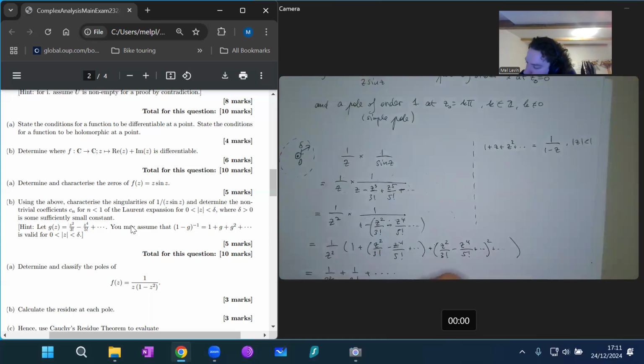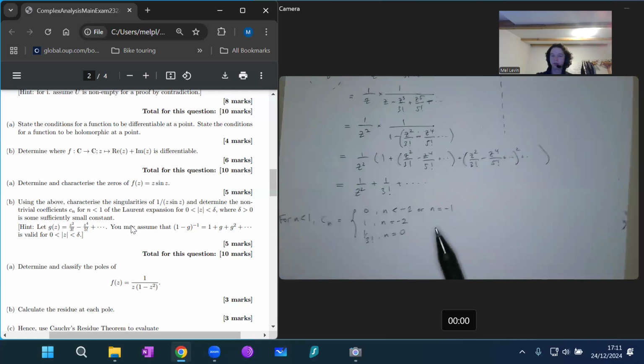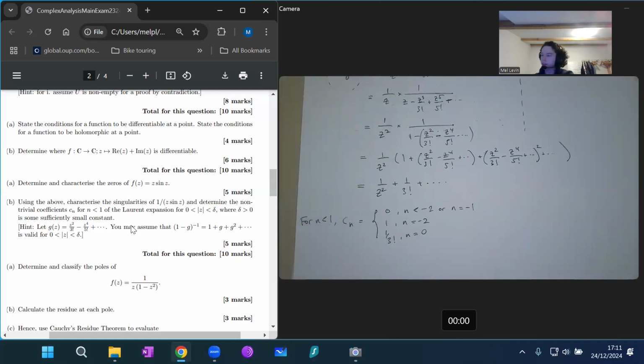Oh, I should say, of course n equal to -1: the coefficient of the negative first power is 0. Oops, sorry.